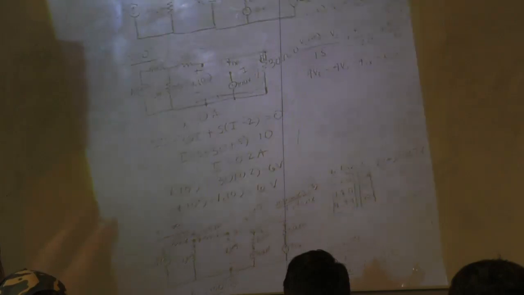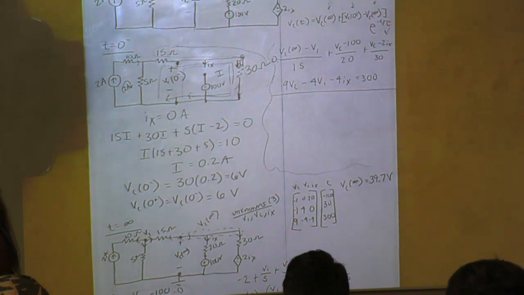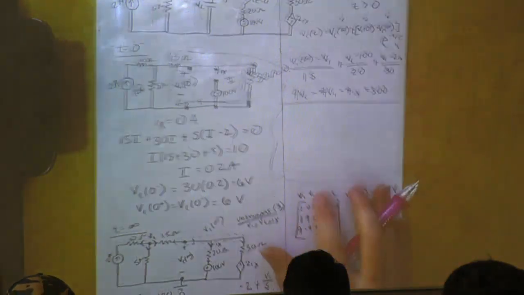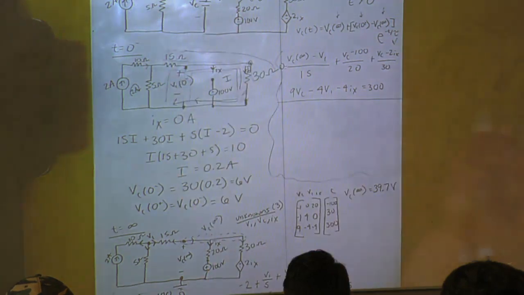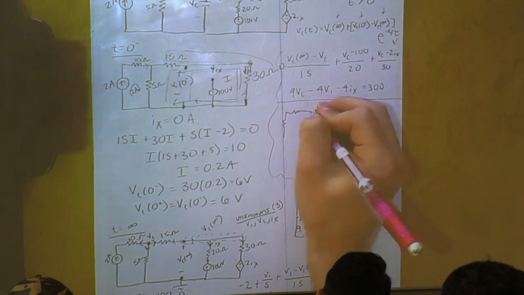So what we'll do is attach a test source like we did to find RTH in the last problem. Our circuit, we'll still set off sources. This 10 ohm is going to be out because it's an open circuit, so I won't include it in our new circuit.